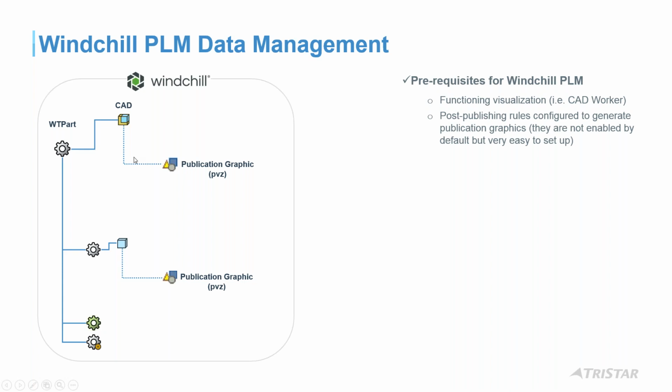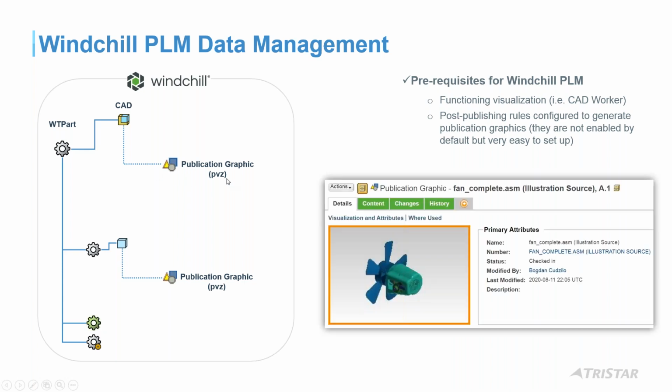But in Windchill, that publication graphic is linked to the source CAD content. So if the CAD designer changes that CAD model, that publication graphic will auto update using that visualization service.